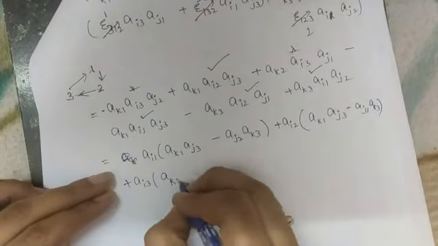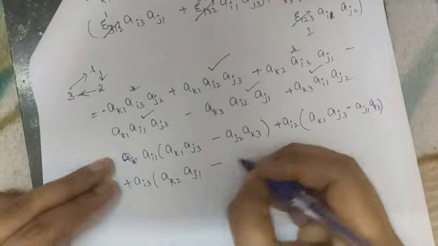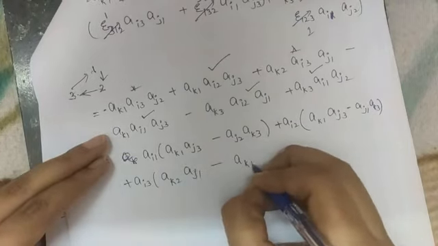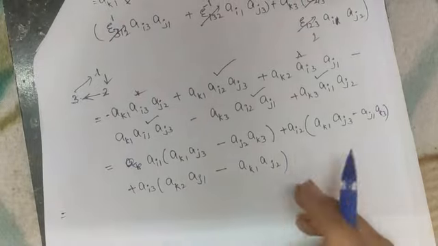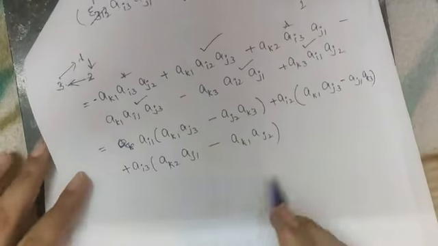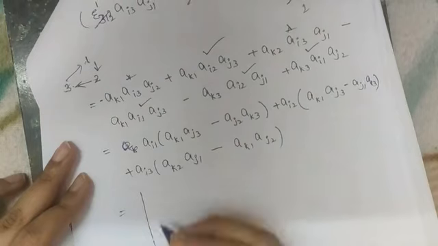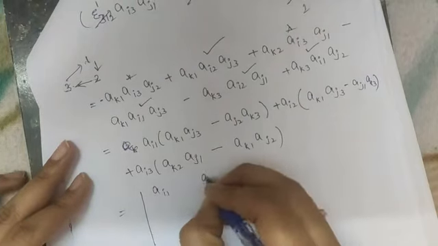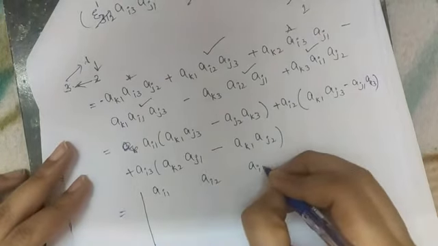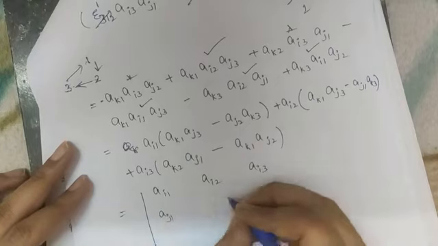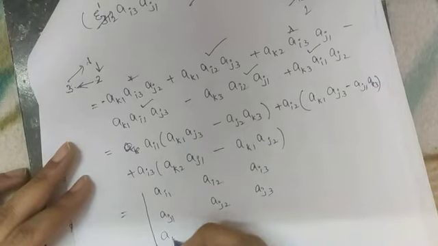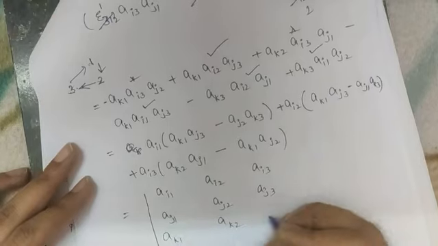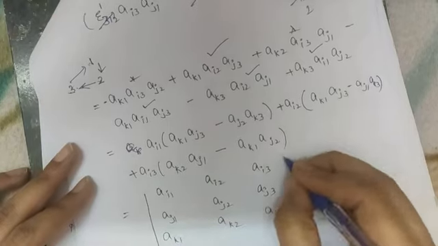So AK2 AJ1 minus AK1 AJ2. This is what you will get. So this value is the determinant of AI1, AI2, AI3, AJ1, AJ2, AJ3, AK1, AK2, AK3.